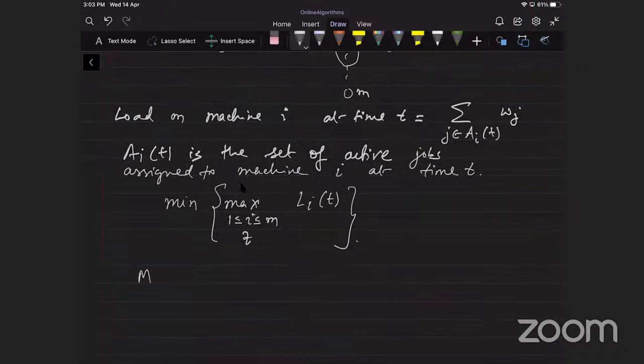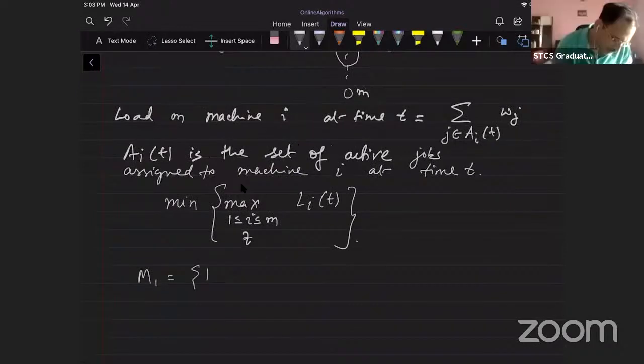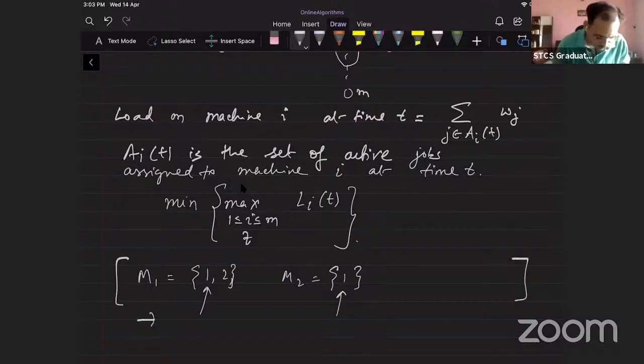So M1 should be, let's say, 1, 2. I'm just giving one example. And M2 depends on what you did. So if the job got assigned to, let's say, 1, then M2 is just 1. So now you have no choice. You have to assign the second job also to M1. Now you have to construct many more to show that. This is in a very simplistic setting how you will construct the Mj.